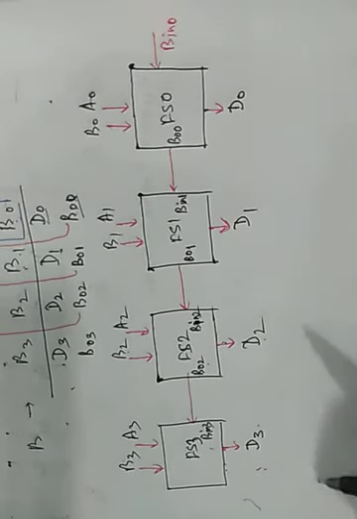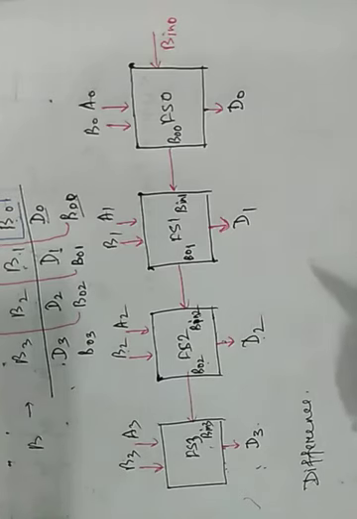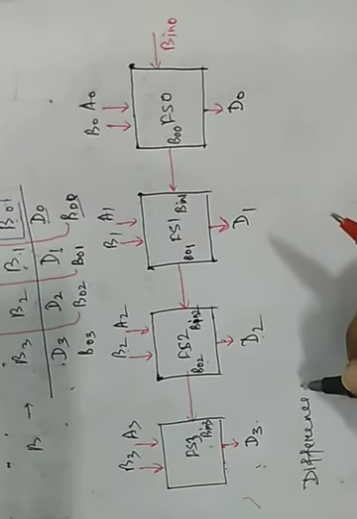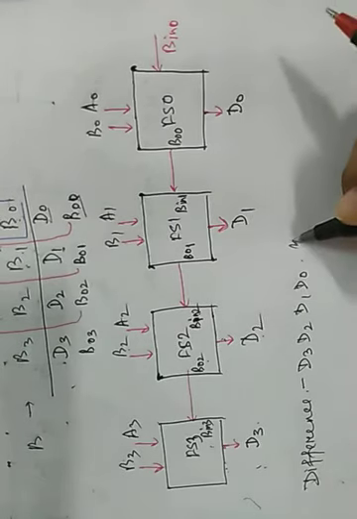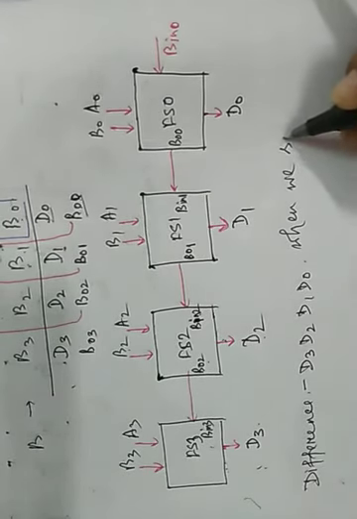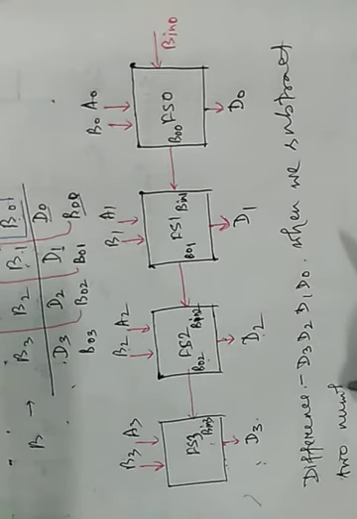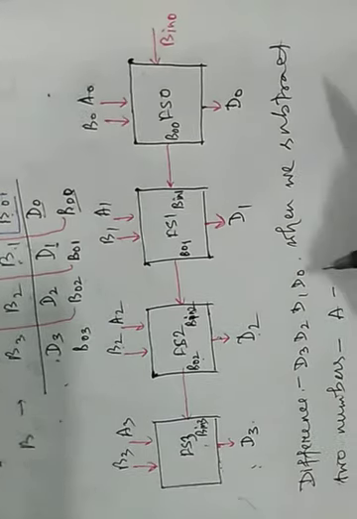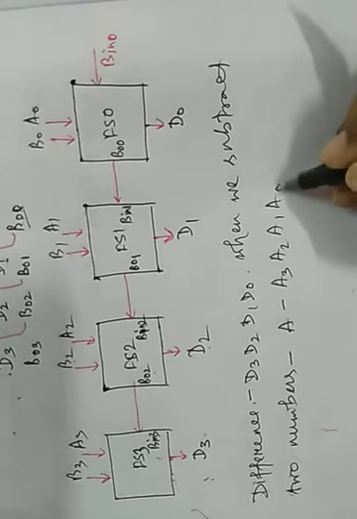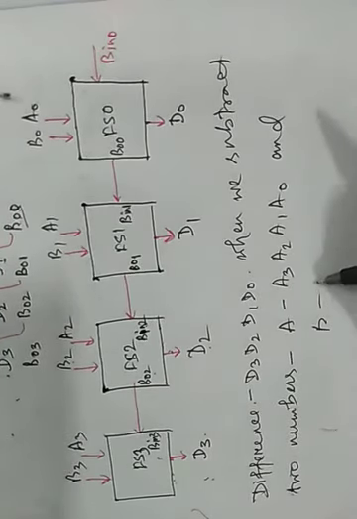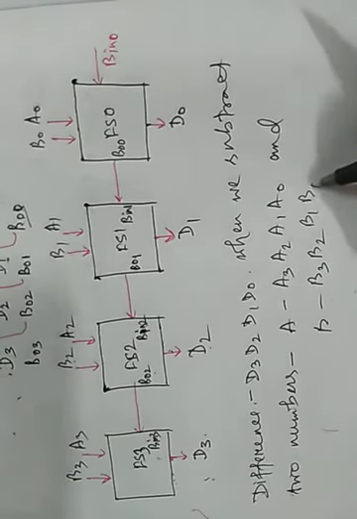So this is our subtraction result. So our difference for binary subtraction is D3, D2, D1, D0 when we subtract two numbers A3, A2, A1, A0 and B3, B2, B1, B0.